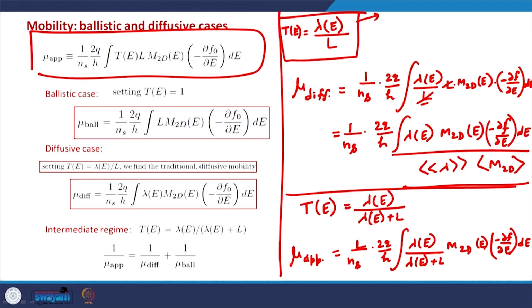Okay, so this apparent mobility can be written as 1 by mu apparent is equal to 1 by mu diffusion plus 1 by mu ballistic. So, in a way the general expression of mobility can be written as 1 by general mobility is 1 by mu ballistic case plus 1 by mu diffusive case, purely diffusive case.